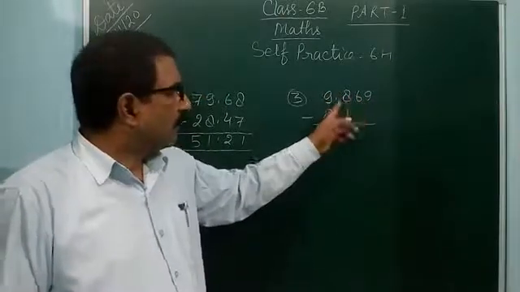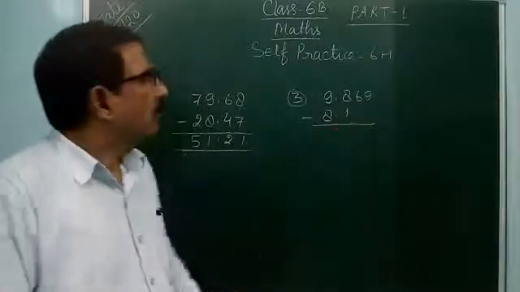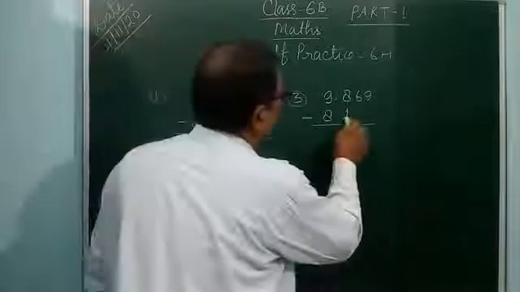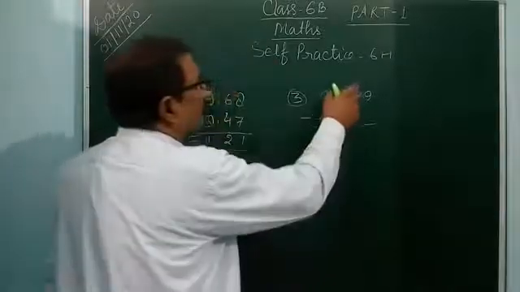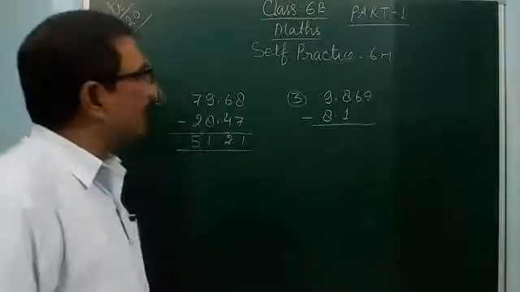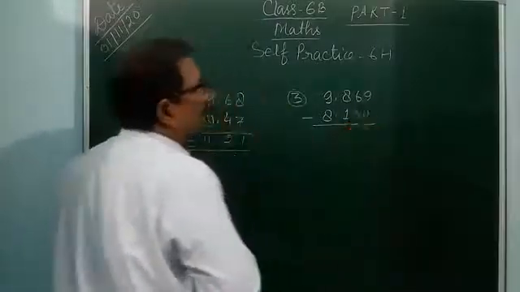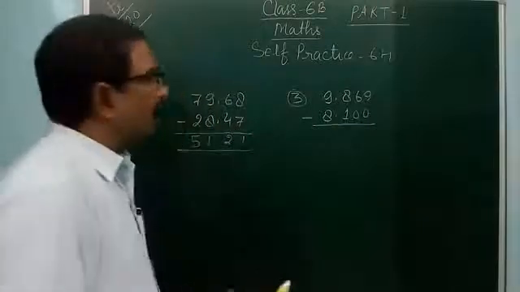After decimal there are 3 digits here and 1 digit here. So you can change it into like decimals if the subtracted number has fewer digits. You can fill 0 here like that. I am changing into like decimal.